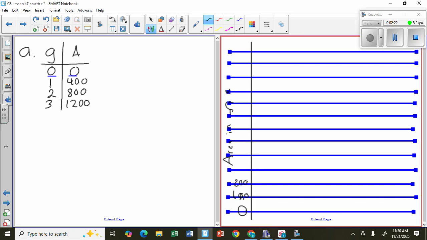Notice I'm putting it in the middle of the space, not on the line, because that line I'm going to use to represent 400, 500, 600, 700, 800, 900, 1,000, 1,100, 1,200.